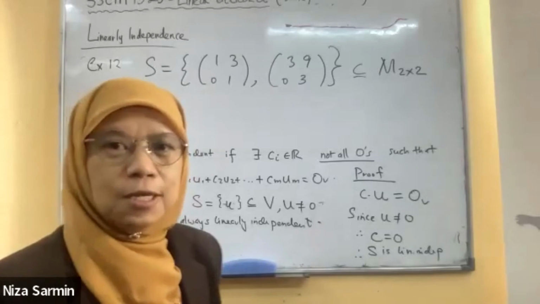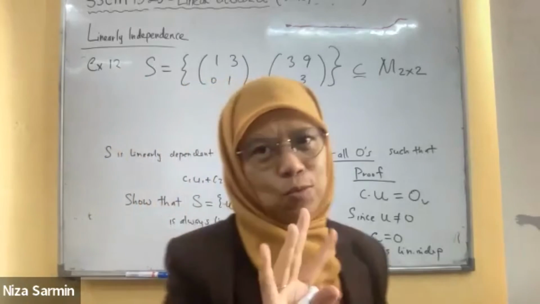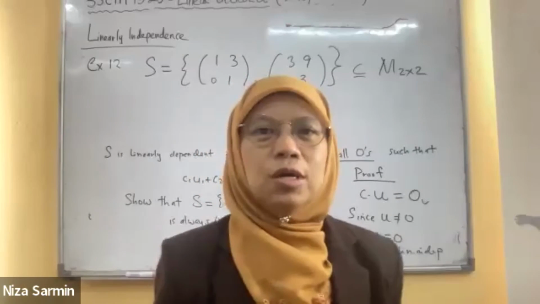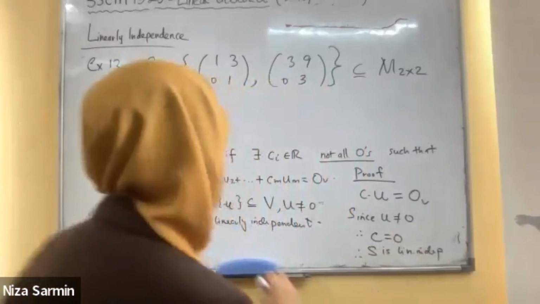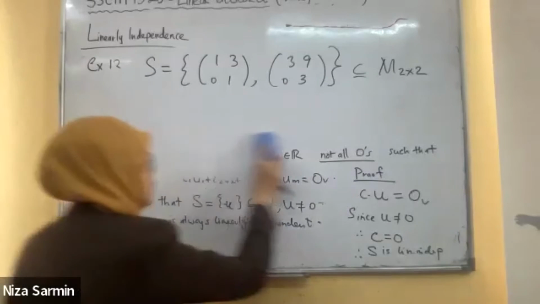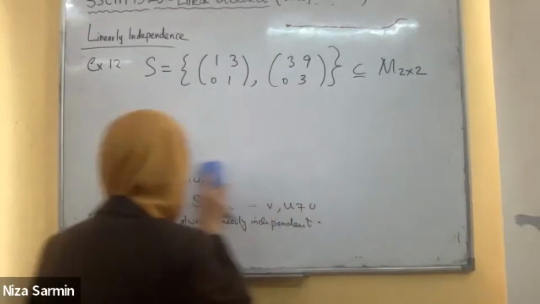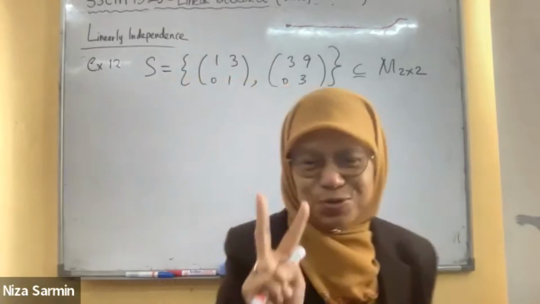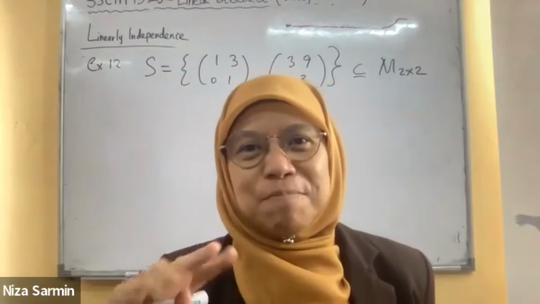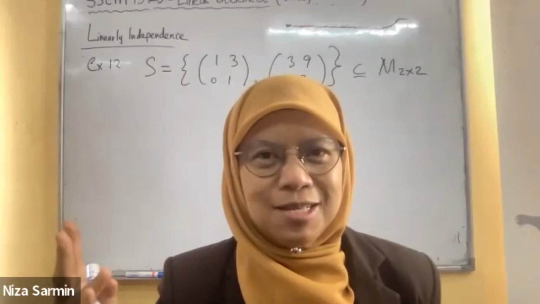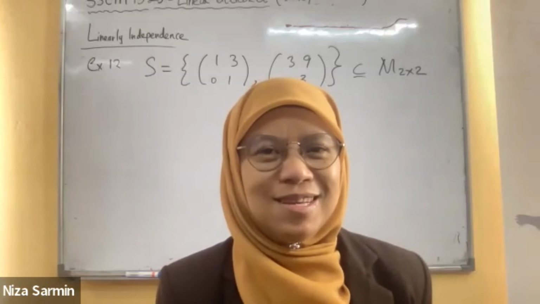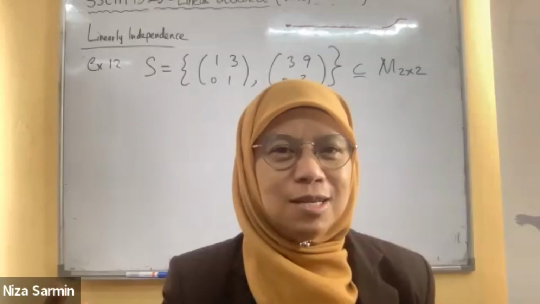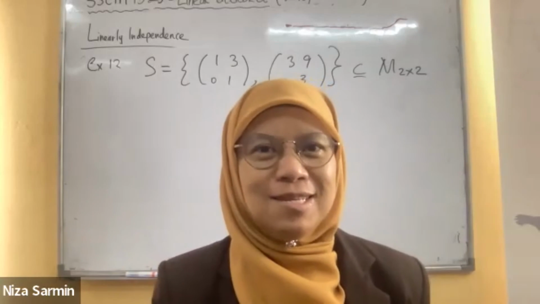Okay, first there's not 1, there's 2. So it might be independent or dependent. Now, I give you a hint. If there are 2, one is a multiple of the other one, it's dependent.